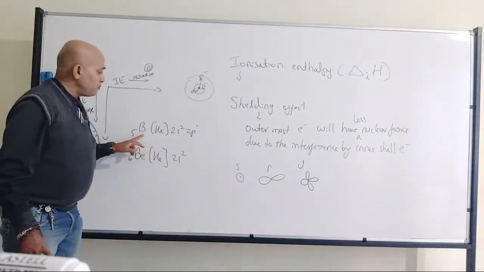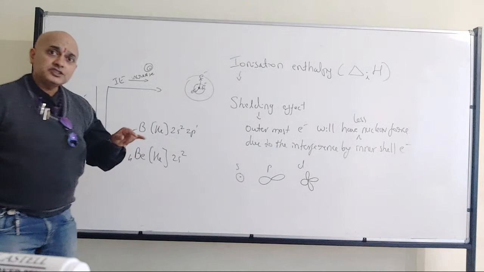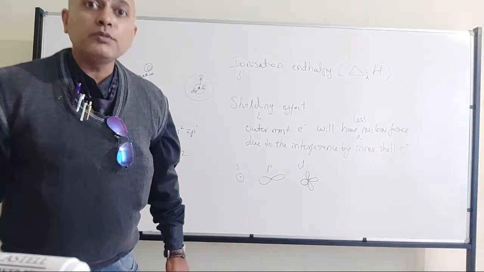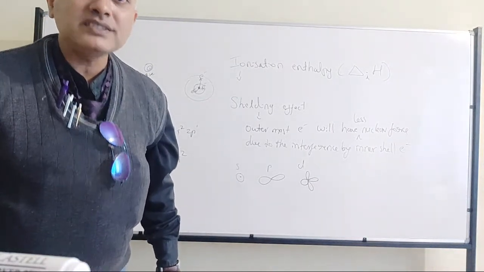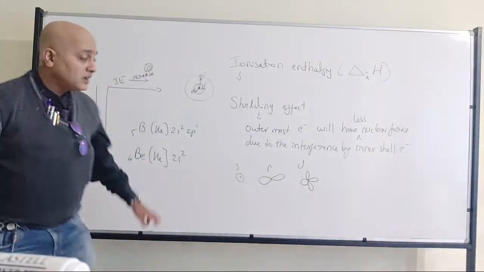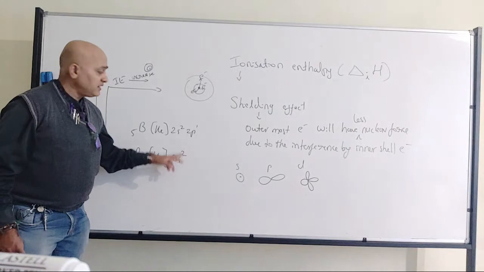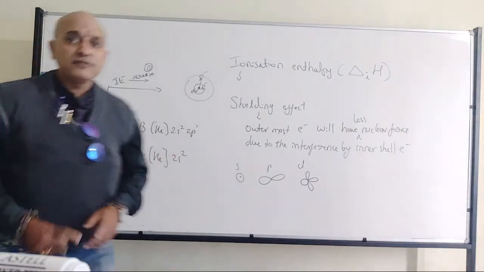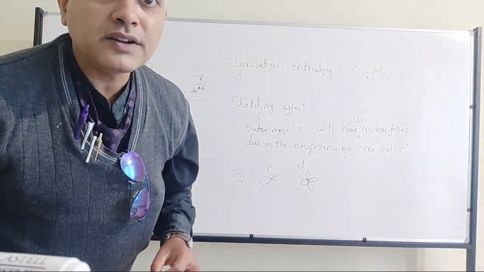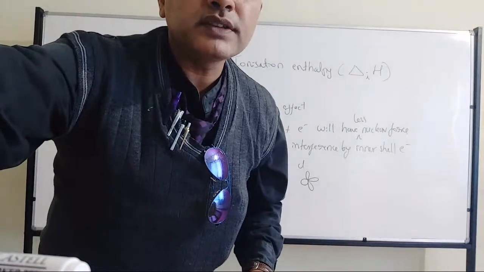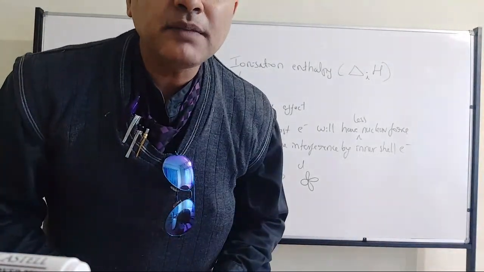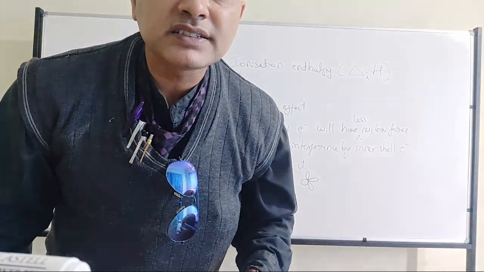When it comes to boron, the energy level is 2 only, but the outermost electron is present in the P subshell. So removing an electron from here will be a bit difficult compared to here. Fine?